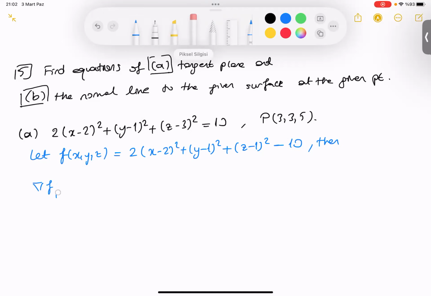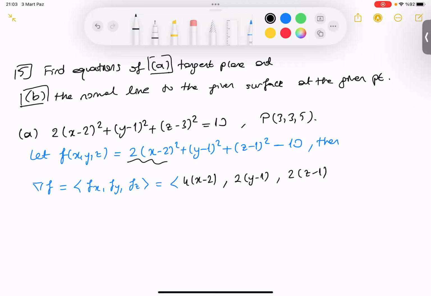First find the gradient: f sub x, f sub y, and f sub z. Now it's enough to compute here, right? So you have 4 times x minus 2 times the inside function's derivative, which is 1. So you get 4x minus 8. And for the second one, you get 2y minus 1 and 2z minus 1.